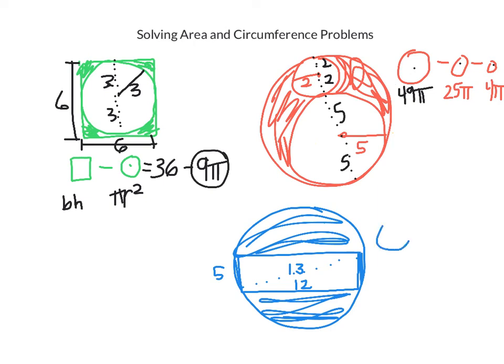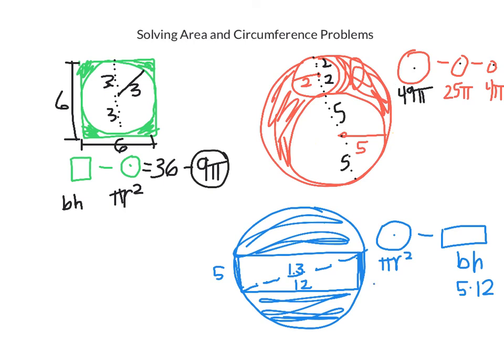So again, this is going to be the circle minus the rectangle. Well, the area of the rectangle is still just base times height, and the circle is still pi times radius squared. And we know the base and height, that's going to be 5 times 12. But in order to get the circle, we need the radius. Well, the thing is, for a rectangle inscribed in a circle, the diameter has to be the diagonal, or the diagonal has to be the diameter.